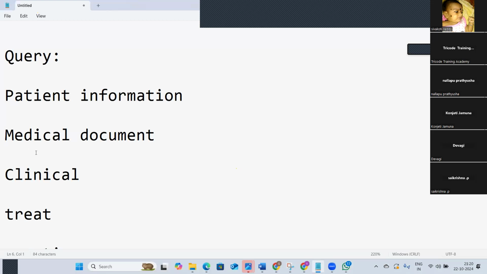The hospital manager takes it to the physician, who answers the query, and they add it into the medical document. That is one process. Some hospitals have separate software with query options, so we can submit in the software itself. It automatically goes to the physician, and the physician answers back. That way, it can work out in two ways.